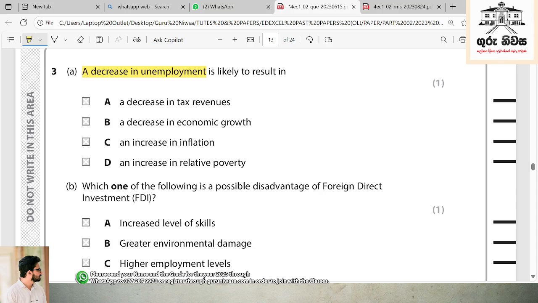Different. It is called relative poverty. Relative poverty means one party can have a lower living standard in comparison to another, but both of them might not have absolute poverty.